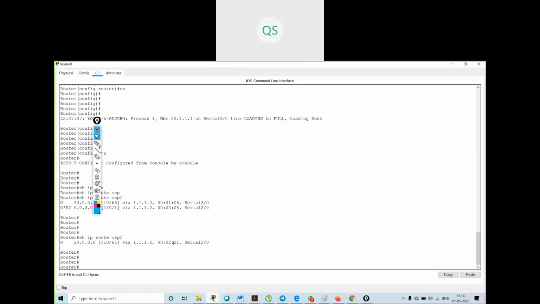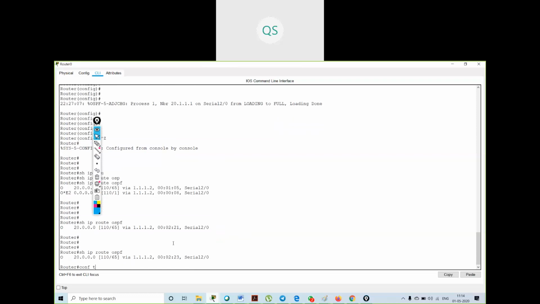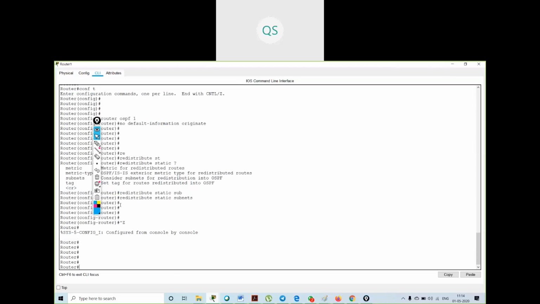See, I'm not getting the information over here, because it does the redistribution for static subnets, not for the default routes. So in redistribution with OSPF, you have to compulsorily give the subnets or metric value.